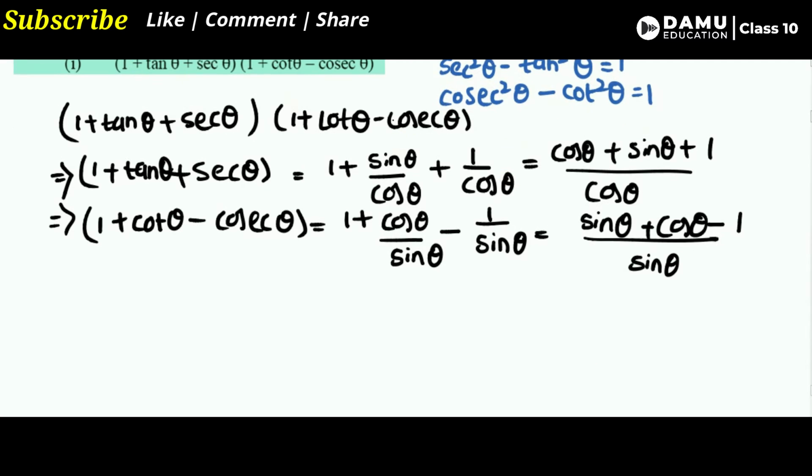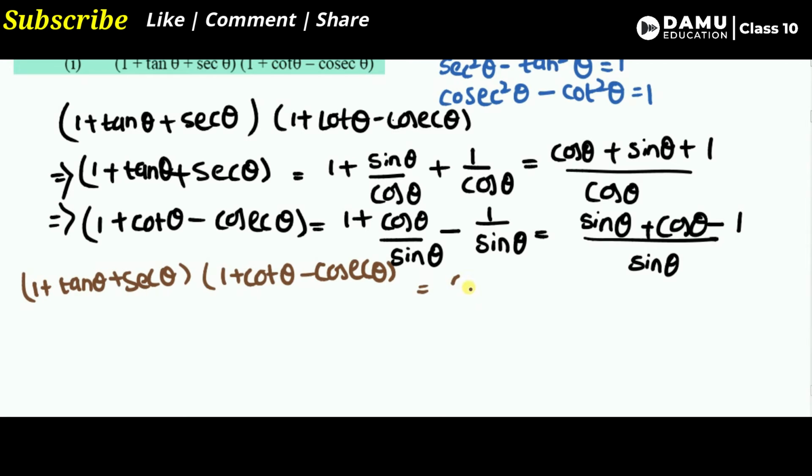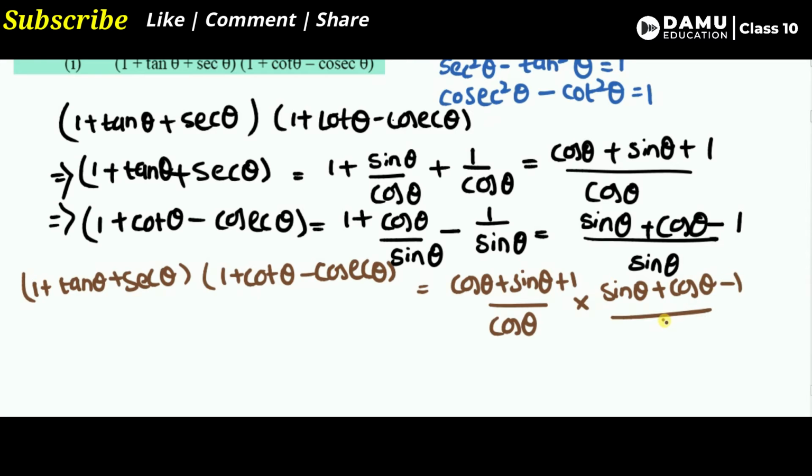So (1 + tan θ + sec θ)(1 + cot θ − cosec θ) is equal to (cos θ + sin θ + 1) divided by cos θ, into (sin θ + cos θ − 1) divided by sin θ.